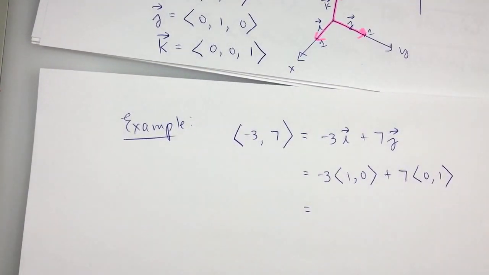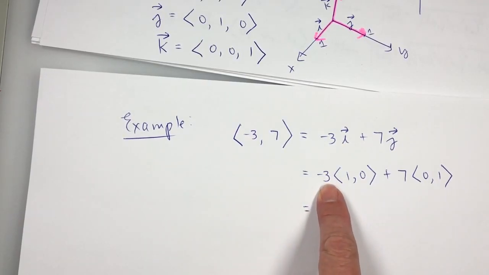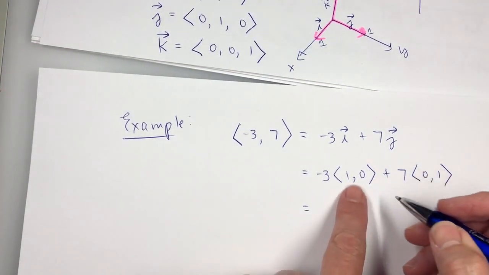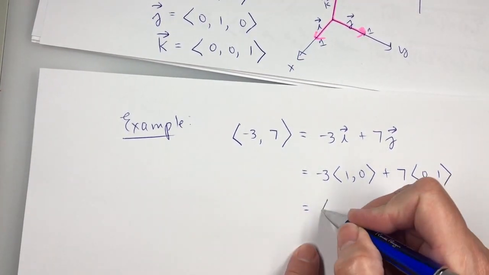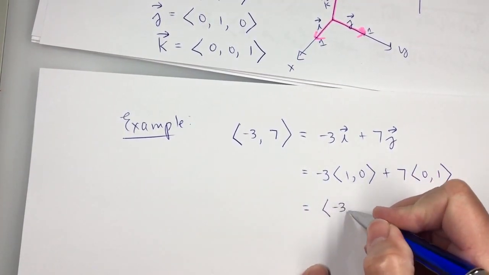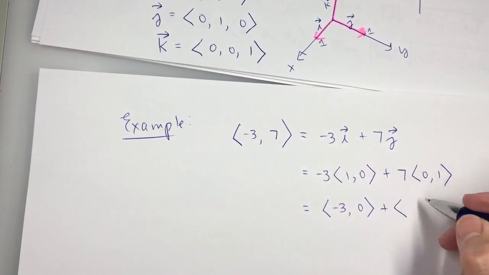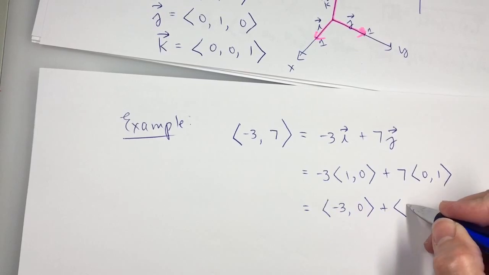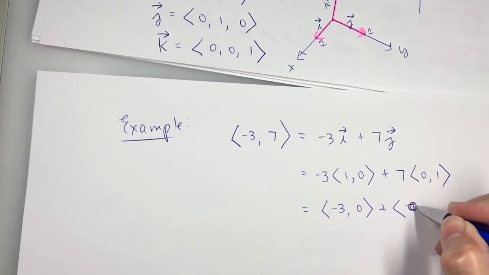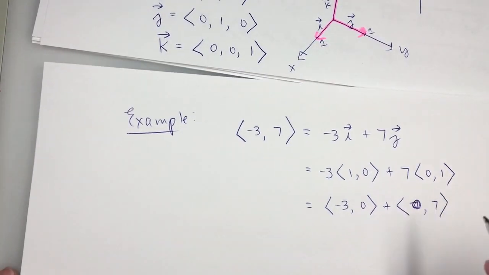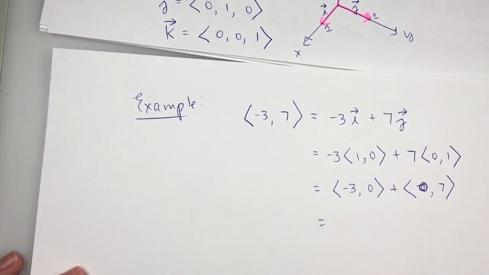And now I'm using the properties of vectors that are given in the book. I can take negative 3, which is a scalar, multiply it into the vector <1, 0>. I'll get <-3, 0>. And then I can multiply 7, which is a scalar, and that's going to be <0, 7>. Then I'm adding 2 vectors.